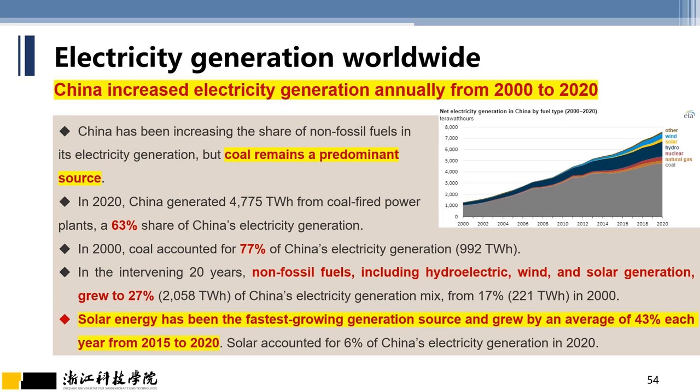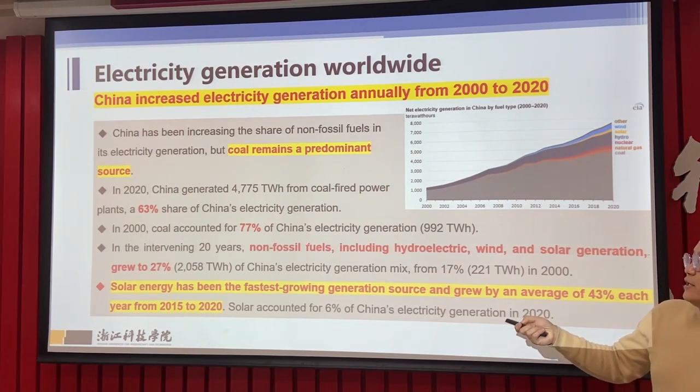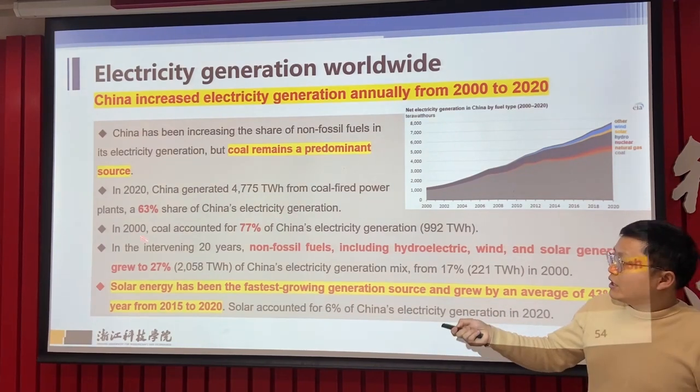In 2020, China generated 4,800 terawatt hours from coal-fired power plants, a 63% share of China's electricity generation. However, in 2000, the share of coal in China's electricity generation was 77%.